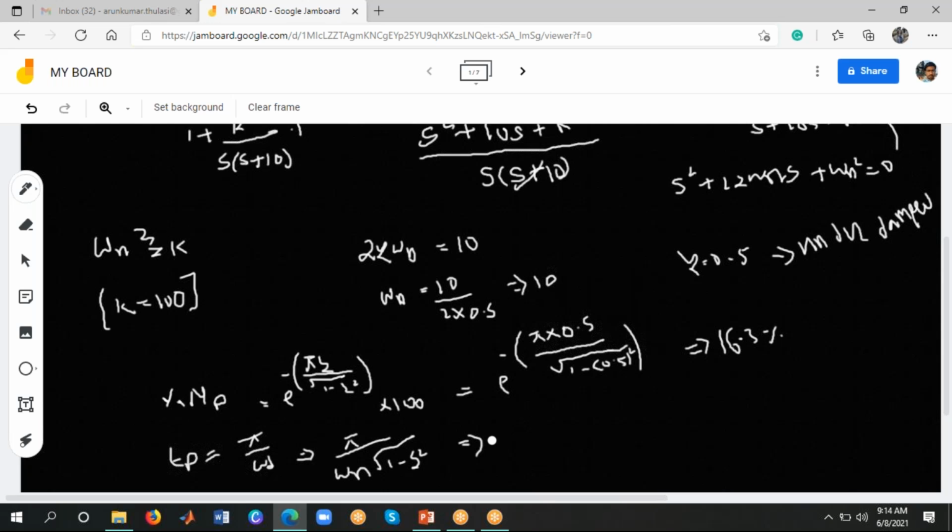Find the peak time value. So 0.36, right? So its answer is 0.36 seconds.